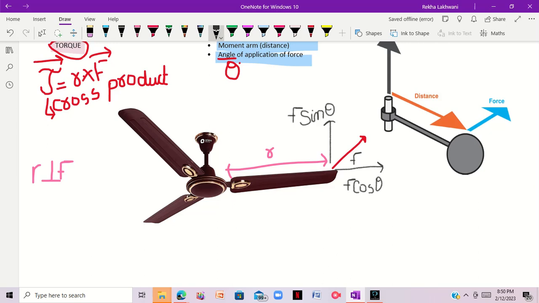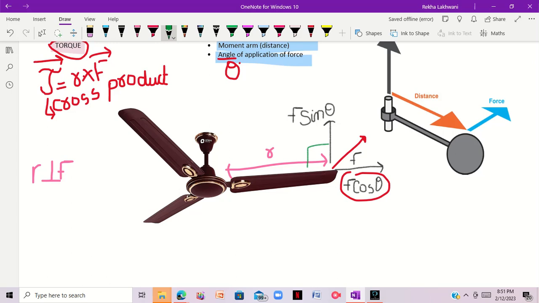You have to imagine that this F cos theta component is not rotating this fan. As you can see, the moment arm and this component of force are parallel to each other, so rotation is not possible here. How can rotation be possible? Over here F sine theta and this r are both perpendicular. So the F sine theta component is producing the torque.